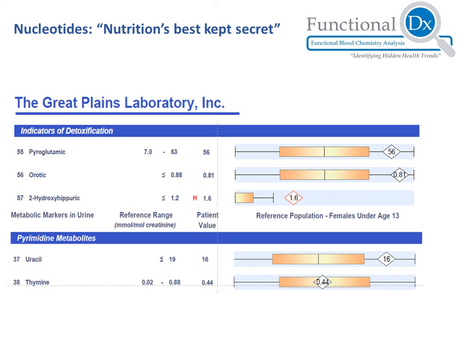Moving aside from blood chemistry for a moment, we look at the Great Plains, which is an organic acid test. They happen to do an orotate, or orotic acid, marker, so you can assess orotate levels. We look at pyrimidine metabolites here, so we've got uracil and thymine as well. If thymine is extremely high, then you need to be concerned.